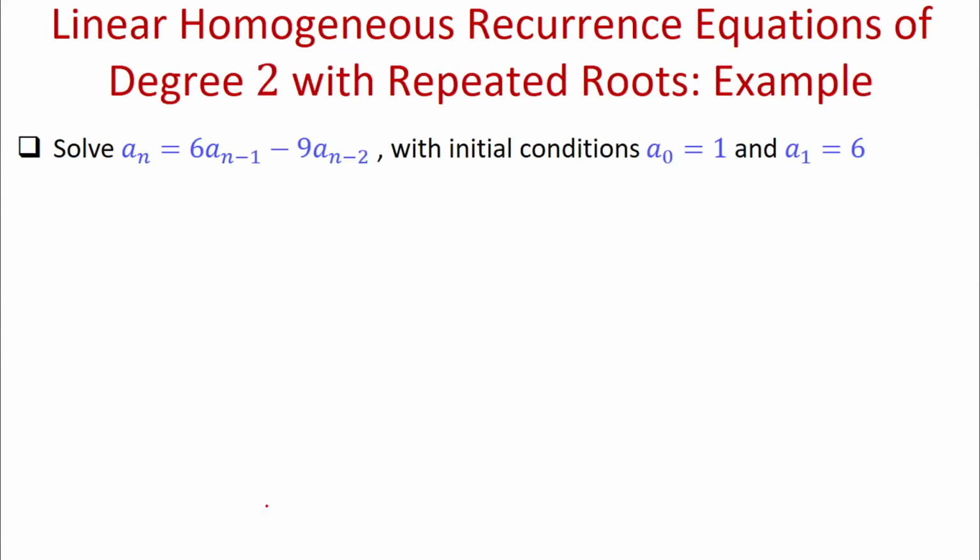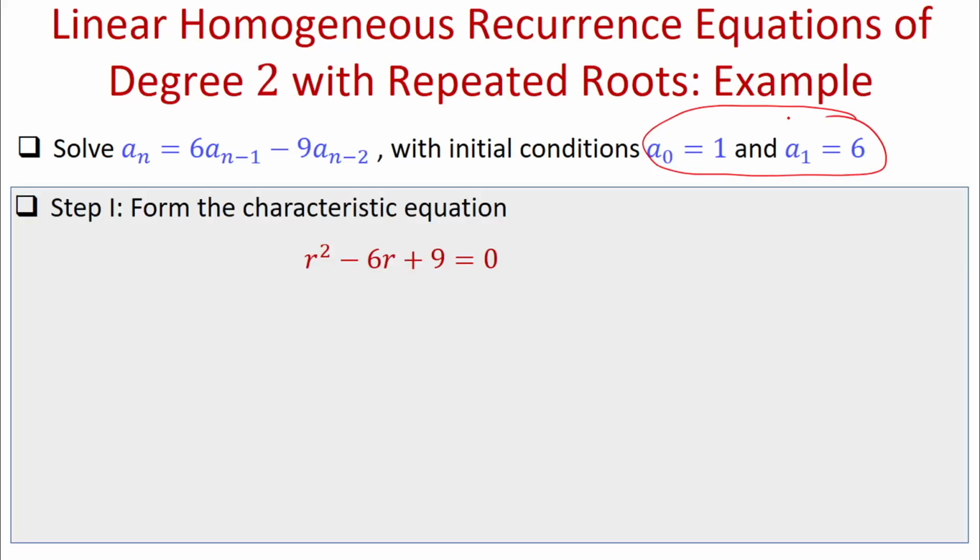So let's see an example for this case. Suppose I want to solve this recurrence condition, and for the moment ignore the initial conditions. The first step will be forming the characteristic equation, which will be of degree 2. My C1 is 6 and my C2 is this, so accordingly I get the characteristic equation r square minus 6r plus 9 equal to 0.